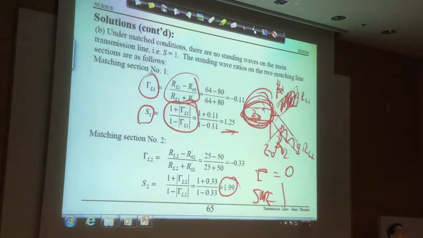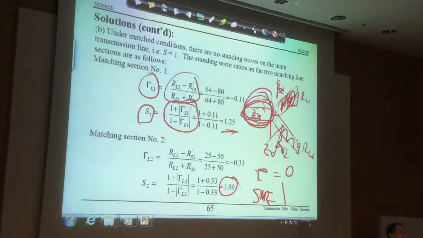If I have more time, I will cover Smith chart. So I would like to move on to the tutorial first. The tutorial on transmission line.